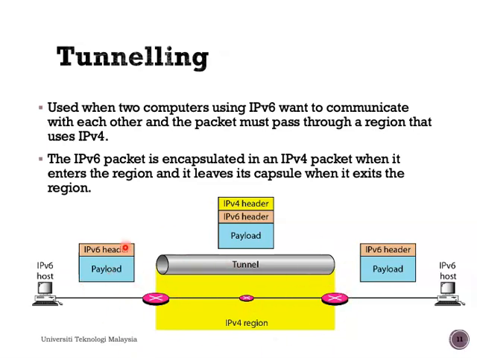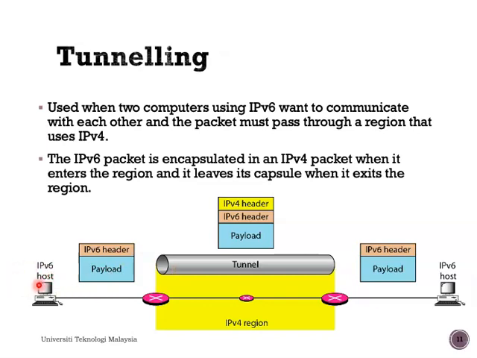This is the IPv4 region. So the IPv6 packet is encapsulated in an IPv4 packet when it enters the region, and when it leaves the region, it leaves its capsule.